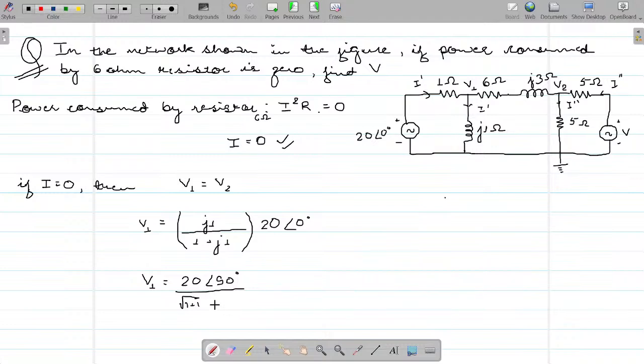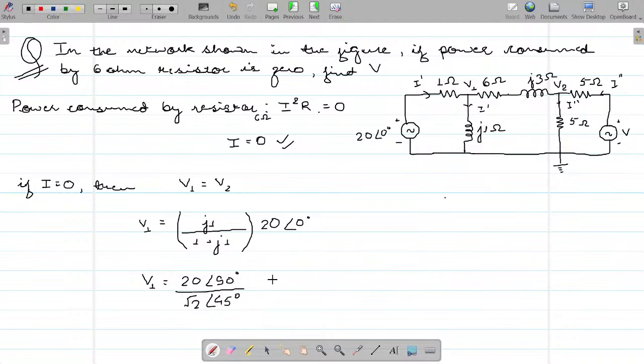What is tan inverse 1? Angle 45 degrees. I am not solving it here because it will become very clumsy. But can I write this as root 2 angle 45 degrees? I hope I don't have to explain this.